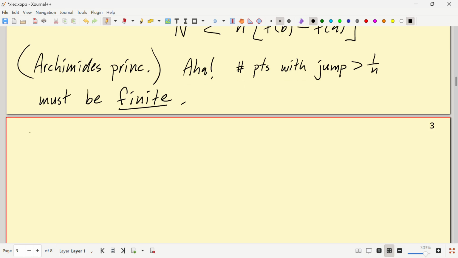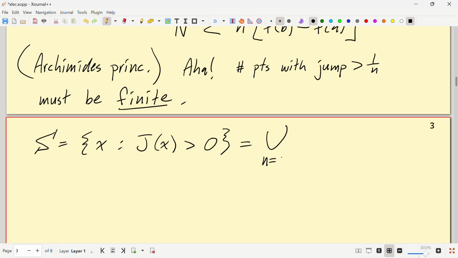So let's see, the set of all jump points would be the union, as n goes from 1 to infinity, of the set of all points where the jump value is greater than 1 over n.